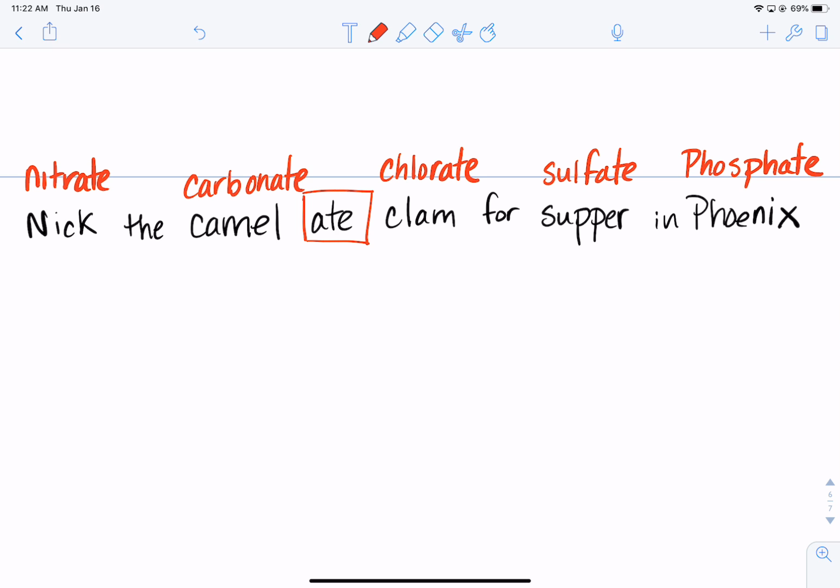Now look at the formulas. More than one of you needs to notice a pattern. What pattern do you notice? Good, Emily notices a pattern. No, not the name. We noticed that they all end in ate. Look at the formulas. What do you notice about all of the formulas for nitrate, carbonate, sulfate?